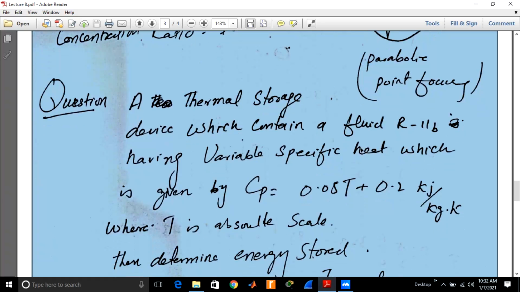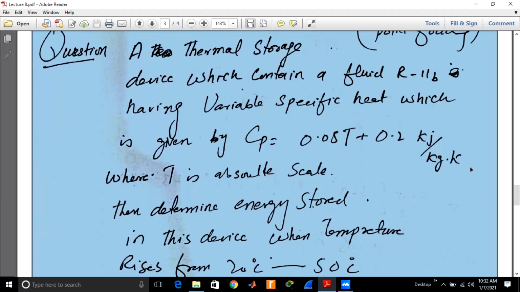Its specific heat is variable, because it depends on T. When the temperature is higher, its heat storing capacity will be higher, and when its temperature is lower, its heat capacity will be lower. So it depends on 0.05 T, where T means temperature, plus 0.2 kJ per kg K. This is the unit of specific heat capacity, where T is on the absolute scale. Absolute scale means the Kelvin scale.